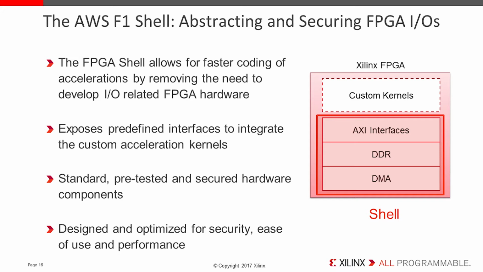The shell abstracts the FPGA IOs and presents a standard AXI interface to the kernels. The shell also includes features ensuring the reliability of the platform and security of the hardware IP. The shell has been thoroughly tested and has been designed for optimal performance.